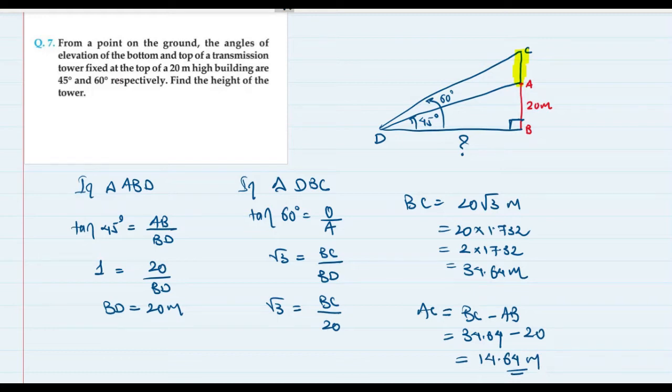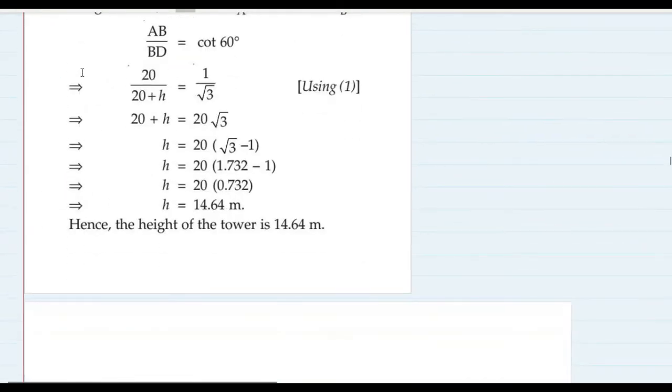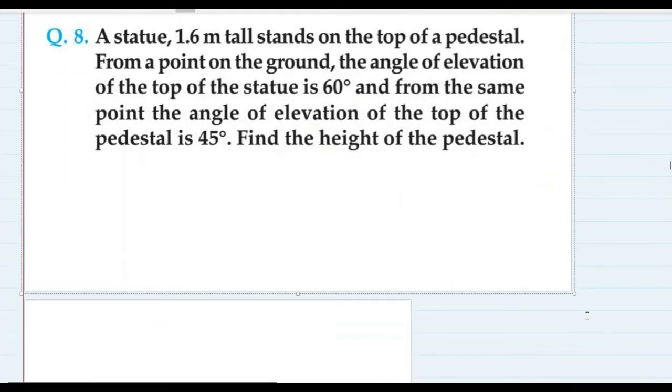Very easy, right? But the only thing is there are two triangles. All the slightly challenging questions will have two triangles in which you have to apply trigonometry and get the answer. 14.64 meters. Let's check the answer. Yes, absolutely correct. Let's go to the next question.